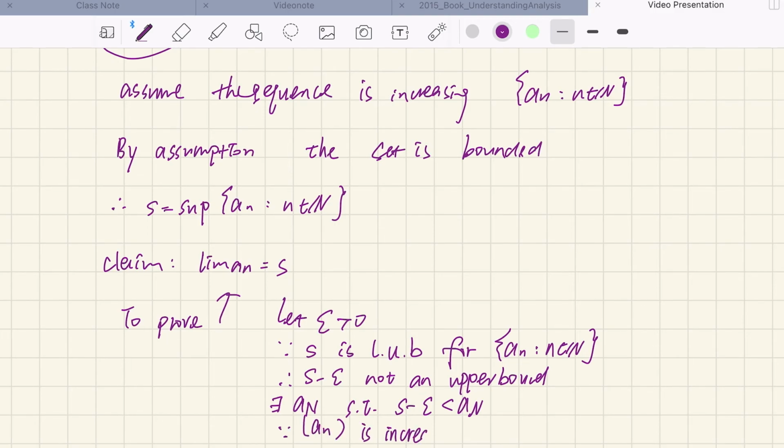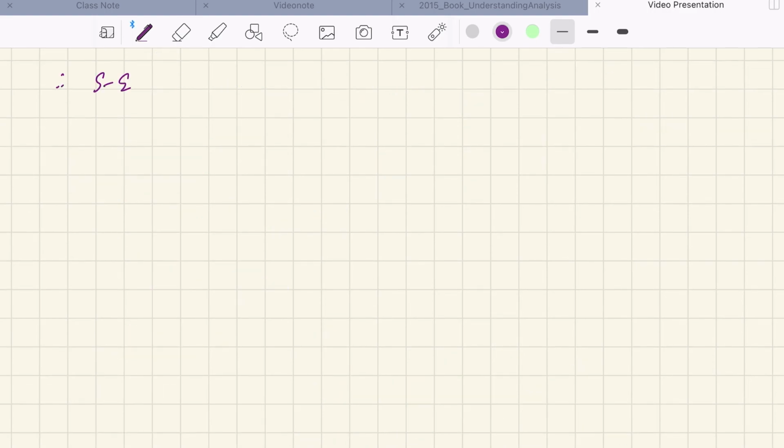So because an is increasing, which means that if n is bigger than or equal to the big N, we will have a big N smaller than or equal to a small n. So we'll get the inequality that S minus epsilon is less than a big N, less than or equal to a n, less than or equal to S, less than S plus epsilon.